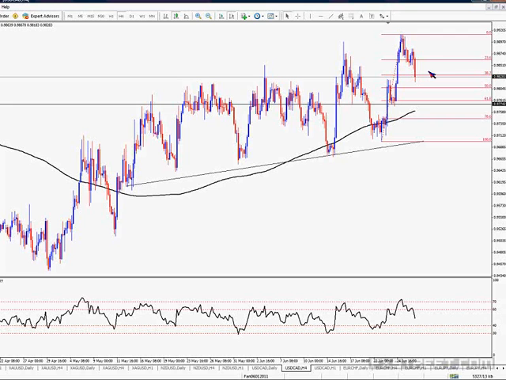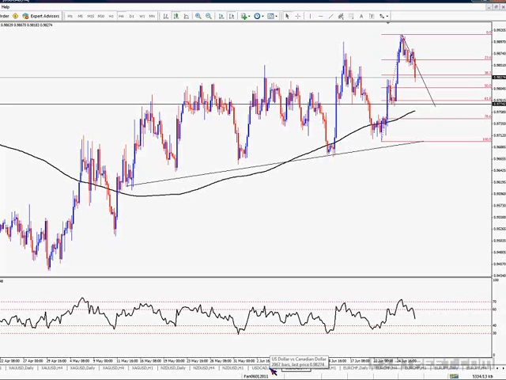This is 38.2%. I would look for the market to find support around 61.8%, the 0.9780 area. So this is a sharp decline that I would look for, a deep decline, because the nature of the market recently has just been so choppy.